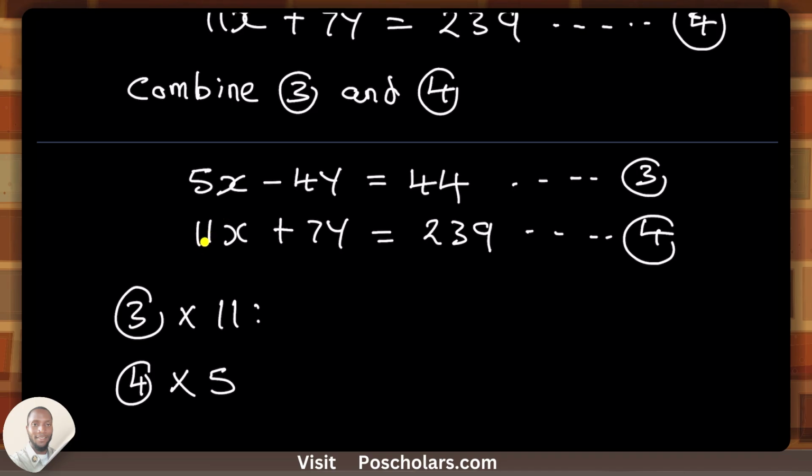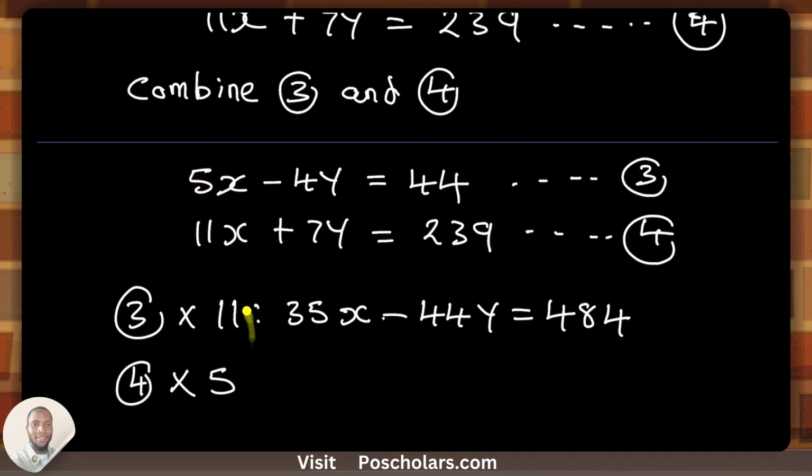So 11 times 5 gives 35, minus 11 times 4y gives 44y, right, equals 11 times 44 gives 484, right?